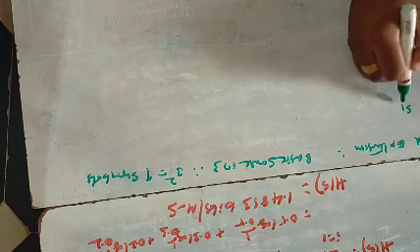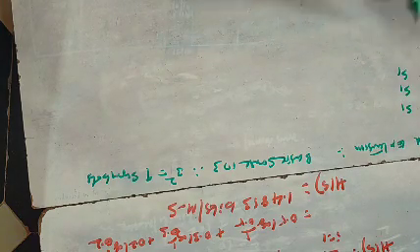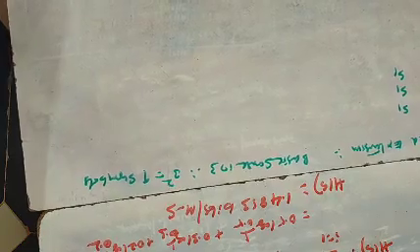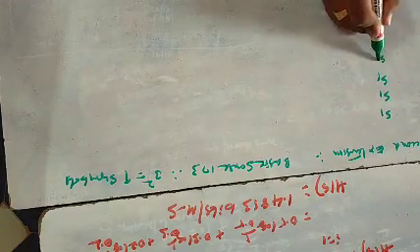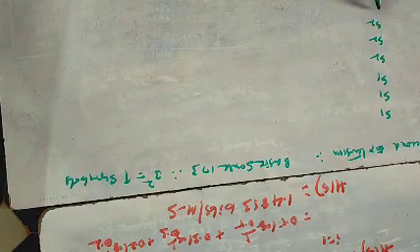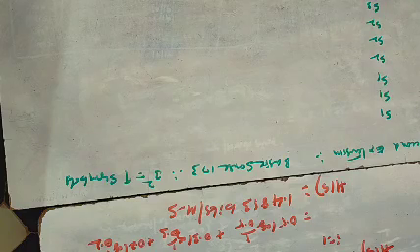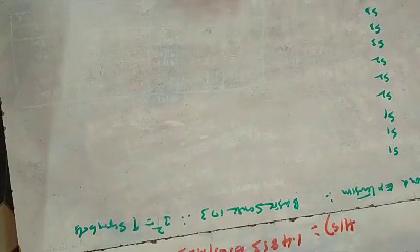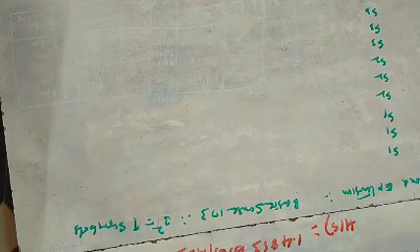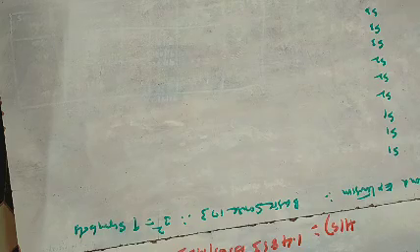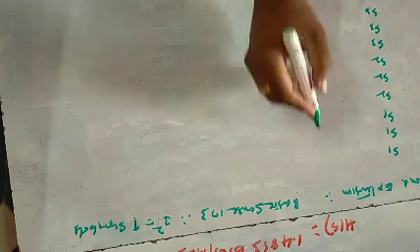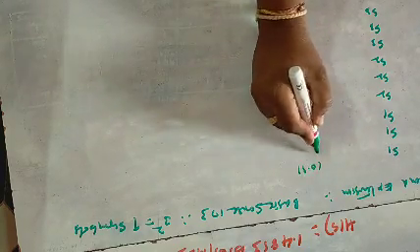The first symbol is S1, then S2, S3, and I am writing their probabilities along with them.